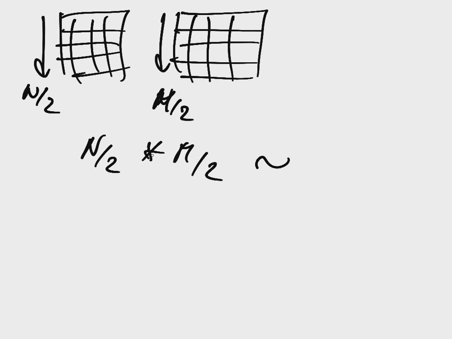For large amounts of data, dividing or multiplying by 2 is not important. It is approximately n times m, or if n and m are approximately equal, it is n squared.